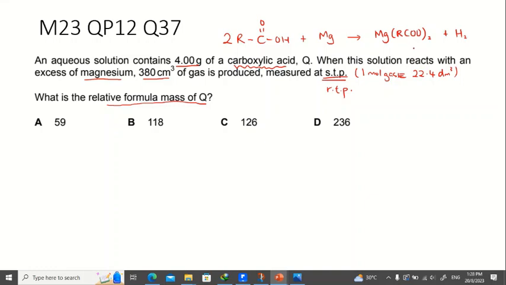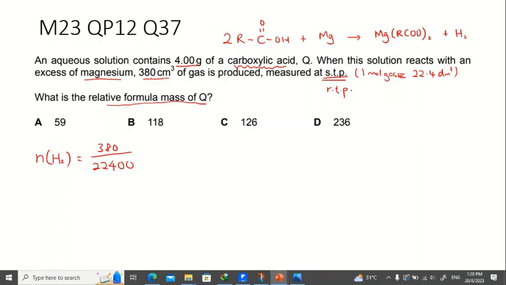Now I'll be able to find the number of moles of gas, in this case hydrogen gas, by using the volume of gas at STP. So 380 divided by 22400, because 1 mole will occupy this much space.